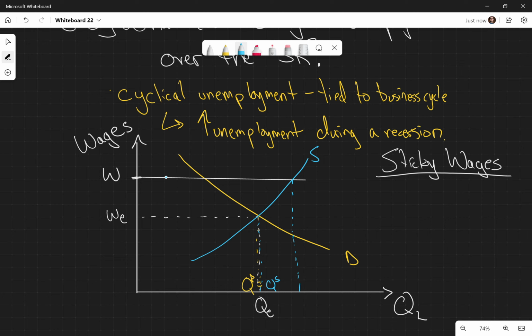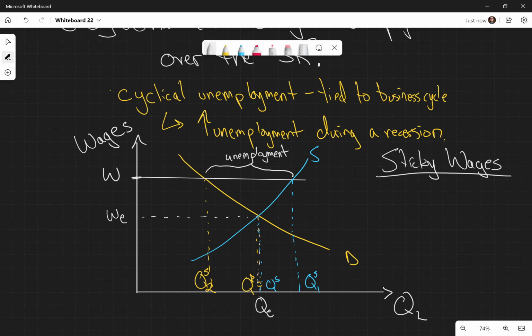They're going to be supplying this amount. But at this rate, how much are employers going to actually demand? They're going to demand that amount, right? So we end up with an increase in the supply of labor and a decrease in the demand for labor. And when you look at that all together, that's what we call unemployment. Just the fact that our wage is stuck at a higher than equilibrium wage rate.